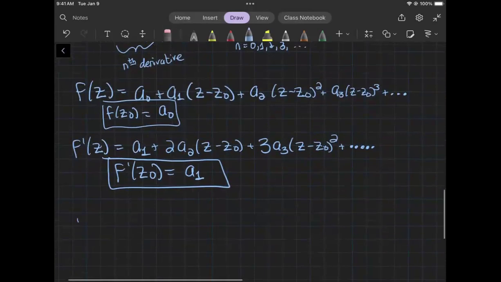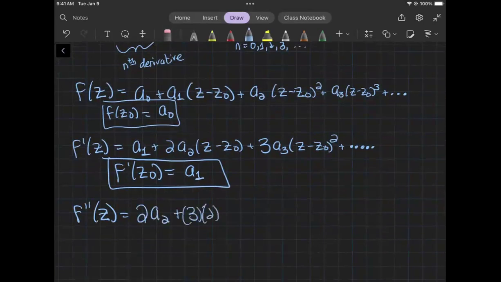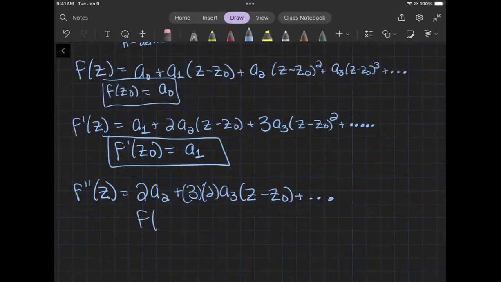If I take the second derivative of the power series, a1 is a constant, so that would be 0. Then I'll get 2 times a2 plus 3 times 2 times a3 times z minus z naught plus more, just continuing to differentiate the previous function term by term. If we plug in z naught, the second derivative equals 2 times a2.